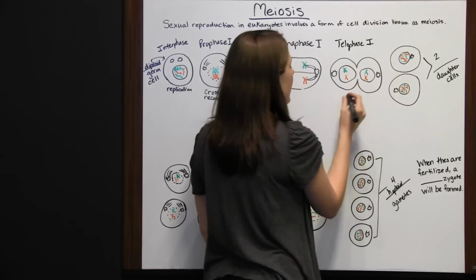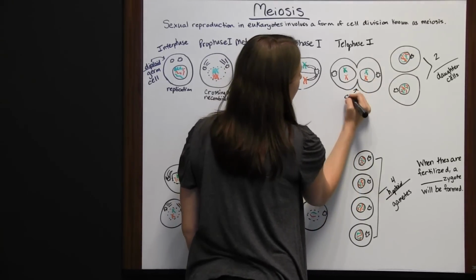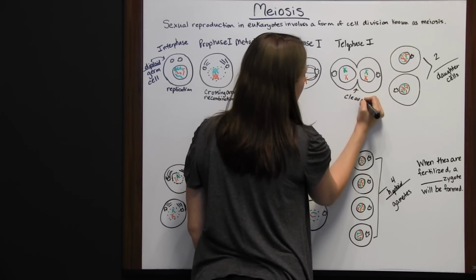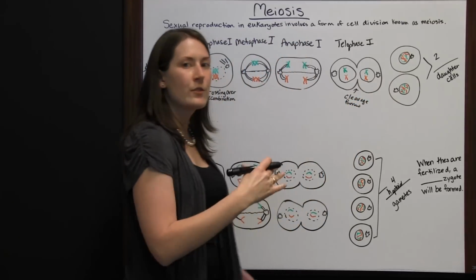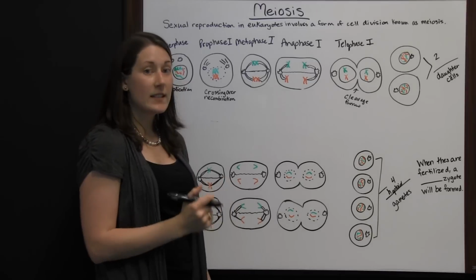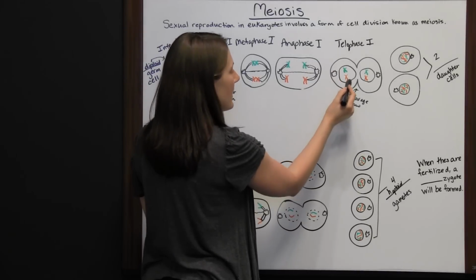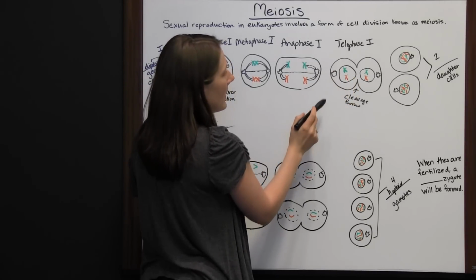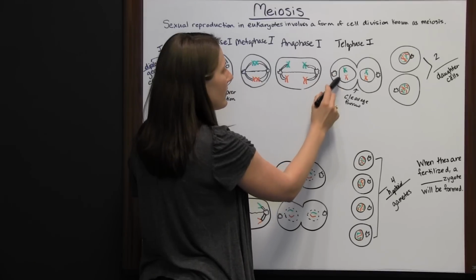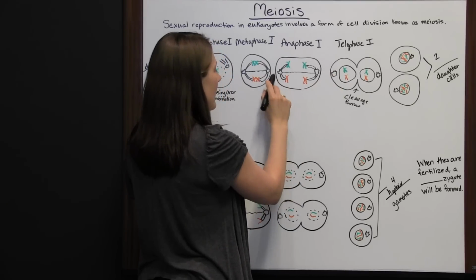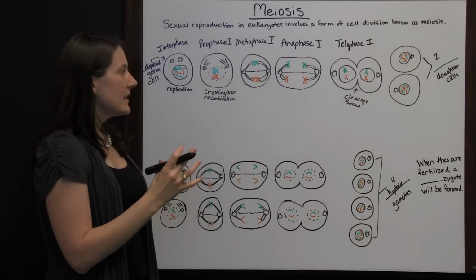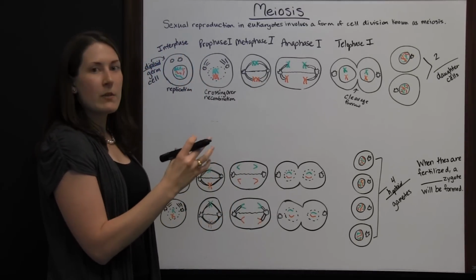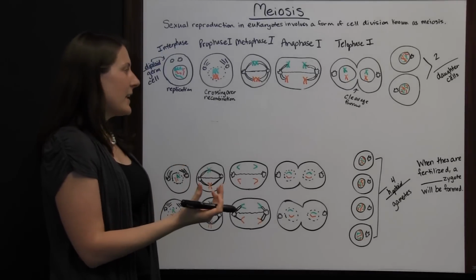In telophase 1, there's the cleavage furrow that's preparing for the cells to separate and become 2 distinct separate cells. There is a nucleus being reformed. The microtubules that have been connecting the chromosomes and pulling them apart have receded, and the genetic material is encased in a nucleus again.